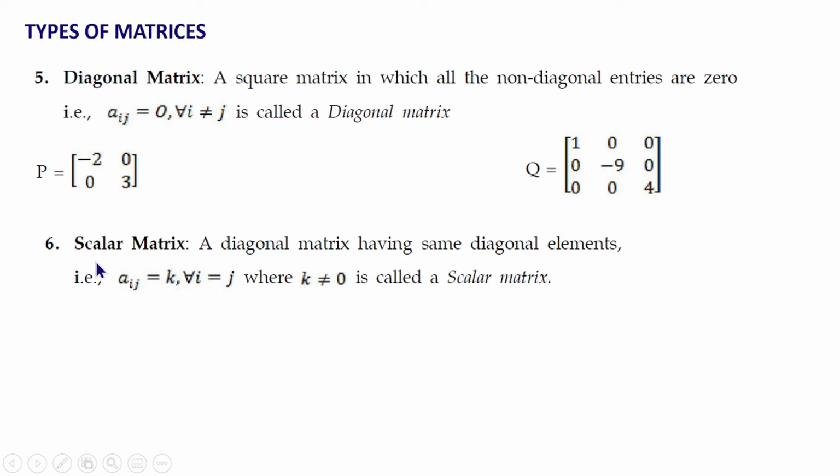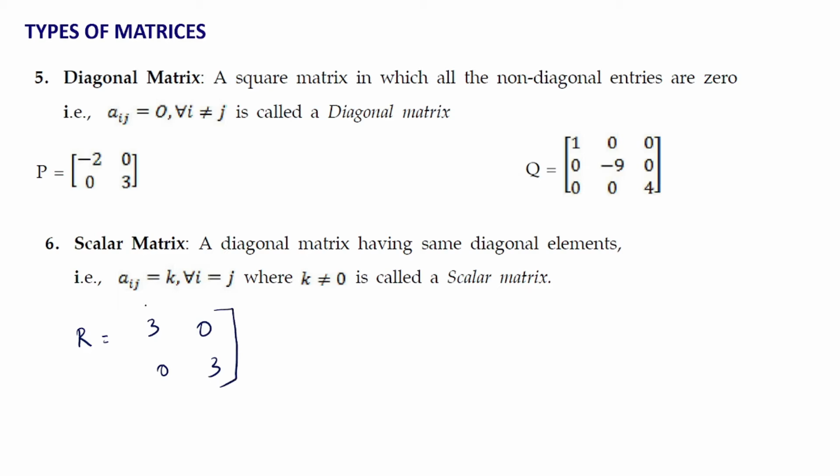And next, moving on, scalar matrix. A diagonal matrix having the same diagonal elements is called a scalar matrix. So we know a diagonal matrix is a matrix where the diagonal elements alone are non-zero and all the other elements are 0. The scalar matrix we have, say for example, 3 0 0 3.